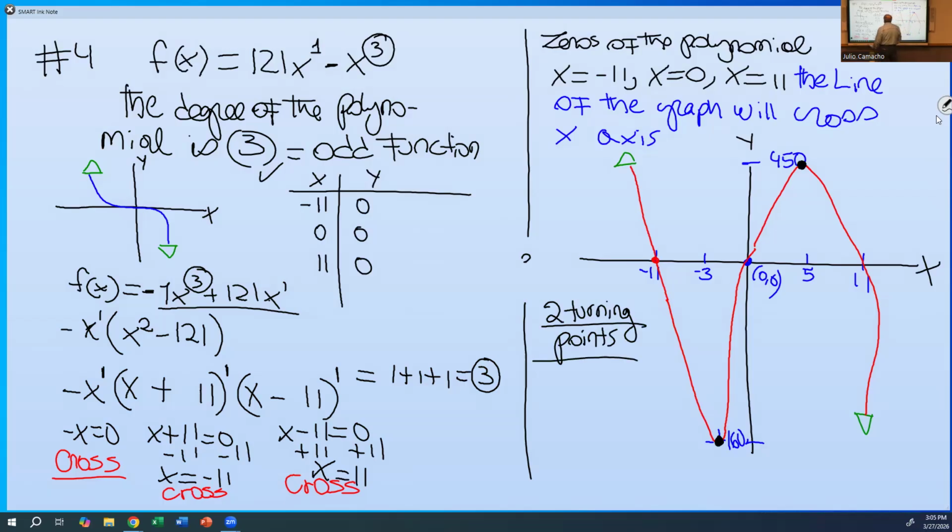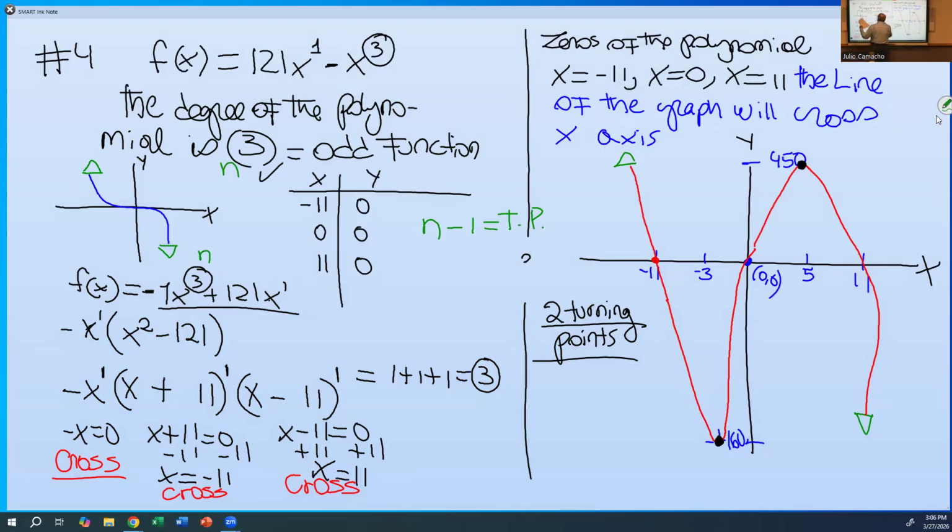But we can use the formula. Now, the formula that we use in the first 2 equations is that n minus 1 is equal to the turning points. Well, we know that the n is referred to the degree, the highest power is your n, the degree of the polynomial.